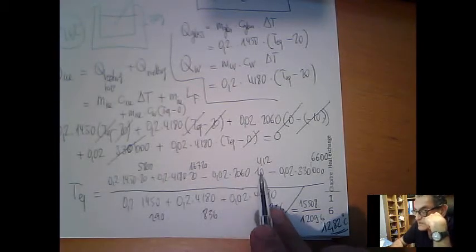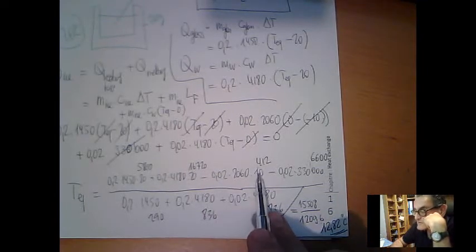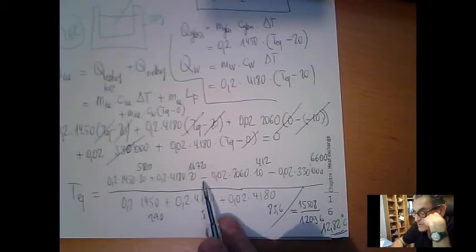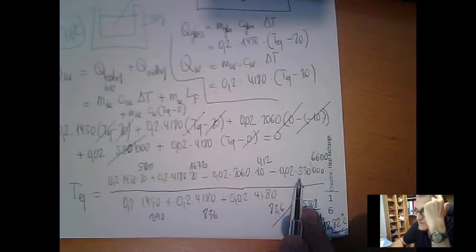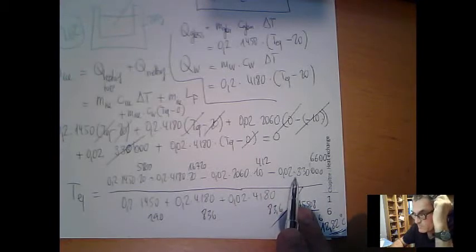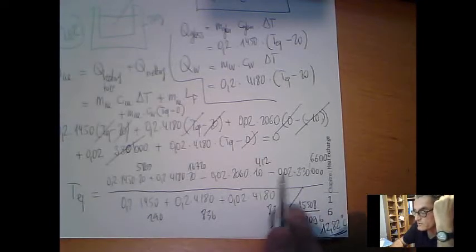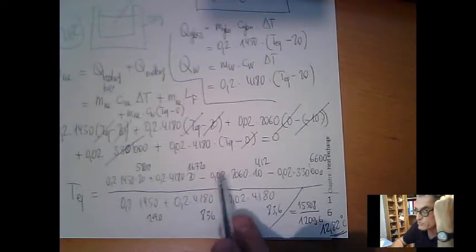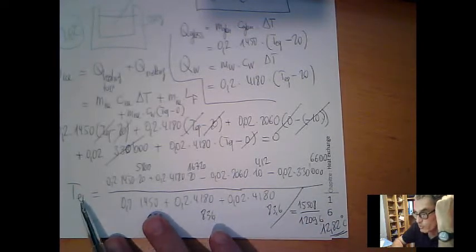But the terms connected to what the ice needs to melt come in negatively, because all this will make the temperature go down more, since it takes energy from the system. This is for heating up the ice cube, and this is for melting the ice cube. All this energy comes here with a minus sign, and so the more ice you have, the lower the final temperature will be. Okay?